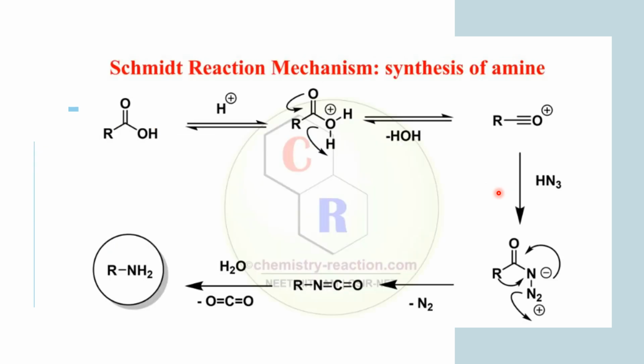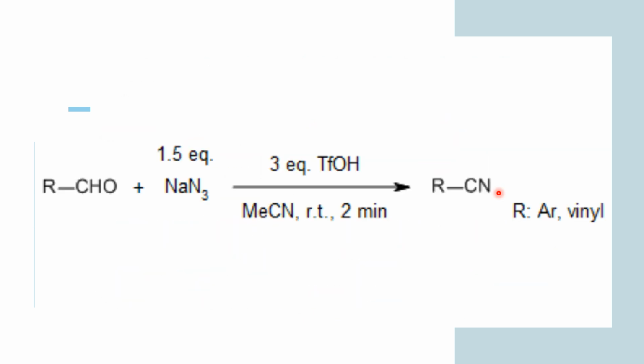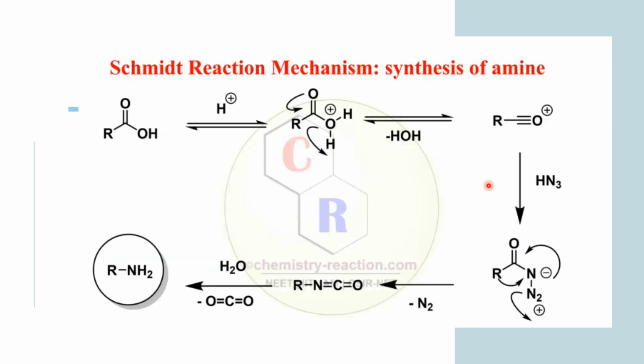So let us look at the general Schmidt reaction mechanism first, and then we will go to the particular mechanism which the reaction given here is following. Okay, because the typical Schmidt reaction starts from an acid, and the reaction which is given here is starting from an aldehyde.